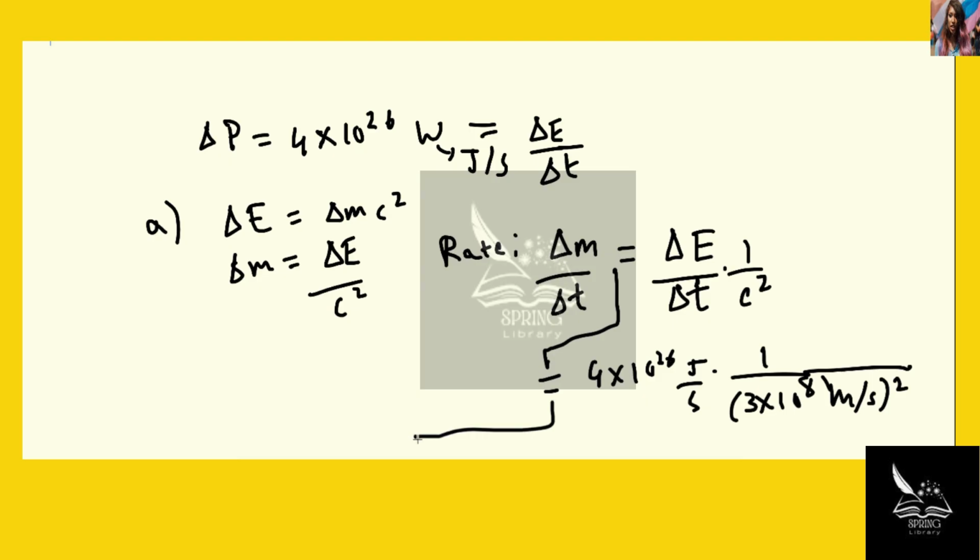And so what you get here is that the sun loses about 4.4 times 10 to the 9 kilograms per second. So about 4 billion kilograms every second. Yeah, that's insane, I know.